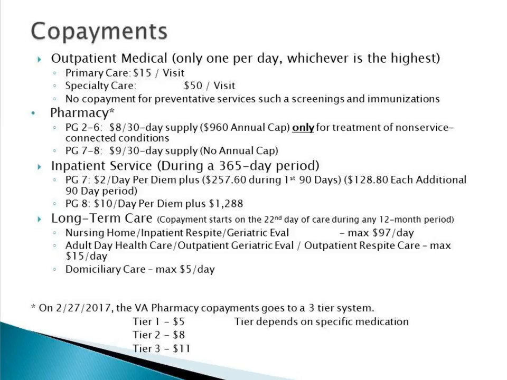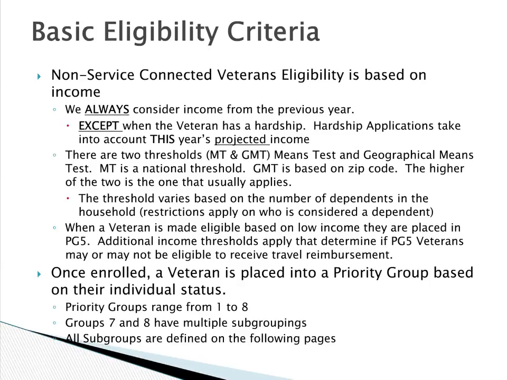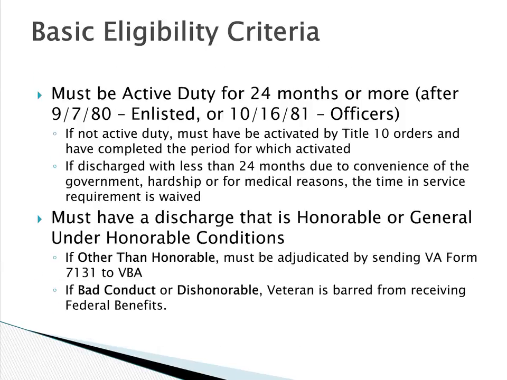Great, thanks. Another question we have is, what is the eligibility criteria for those who served prior to 1980? For example, Vietnam veterans, et cetera. So let me go back to that slide for just a second. You'll see that the two dates apply to whether the veteran was an enlisted member or a commissioned officer.